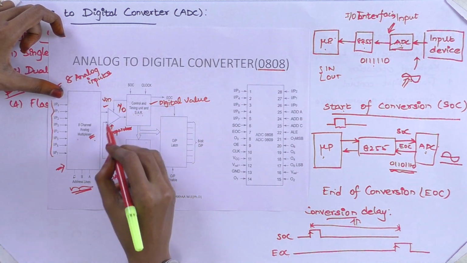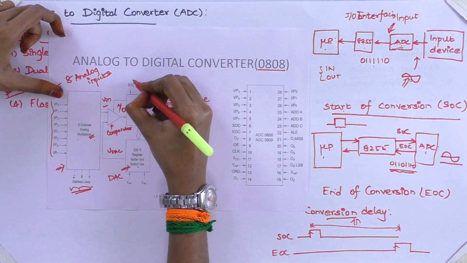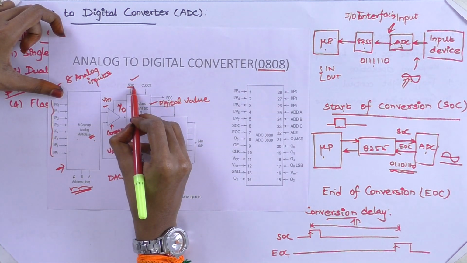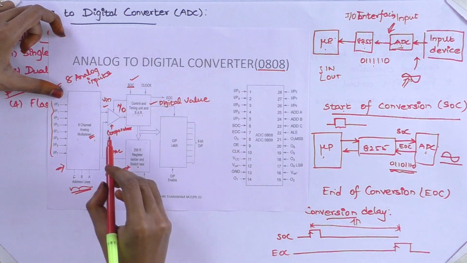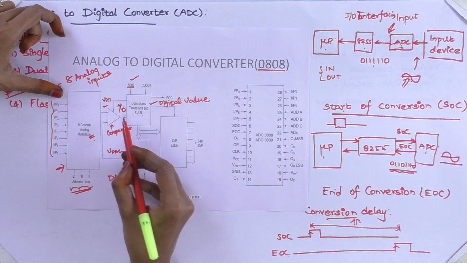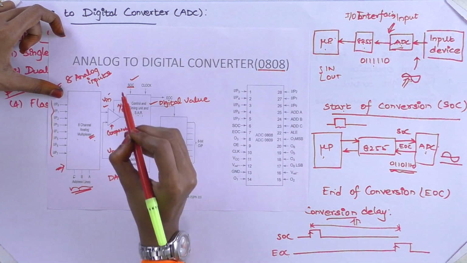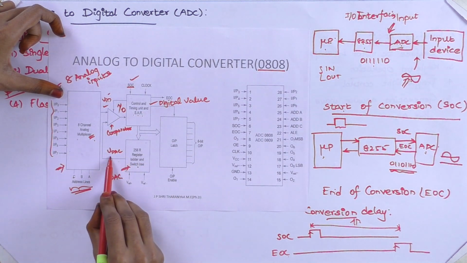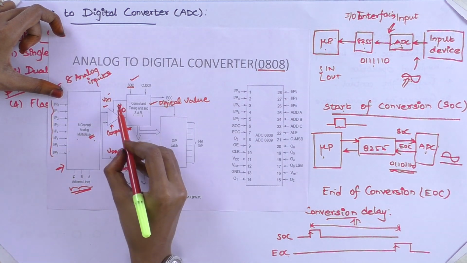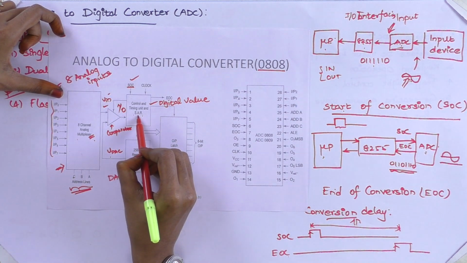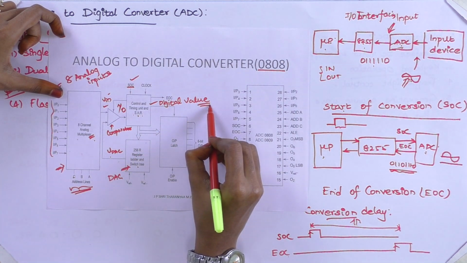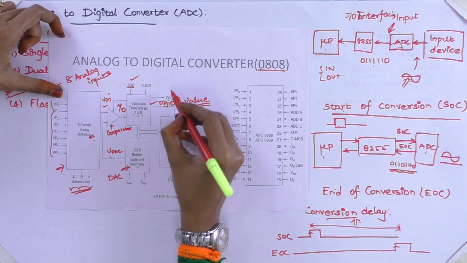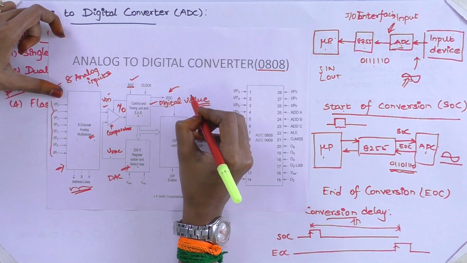This conversion will happen only when the start of conversion is issued by the processor. If you get the start of conversion, the comparator will start to compare the input voltage and the output of the DAC. Based on this, 0 or 1 will be issued to the SAR, and the SAR will decide the digital data. The conversion will continue till you get the end of conversion.